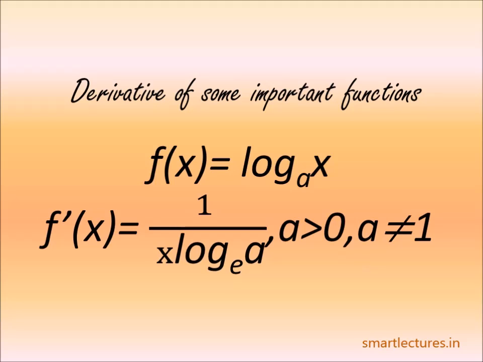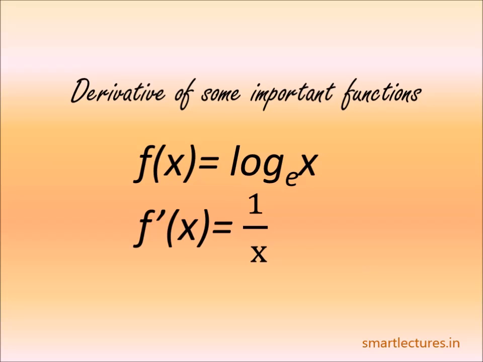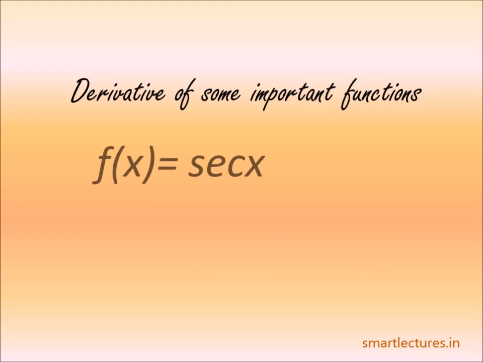What's the derivative of e to the power x? The derivative of e to the power x is also equal to e to the power x. And what's the derivative of log of x? The derivative of log of x to the base e is equal to 1 upon x. Also, what's the derivative of secant of x?